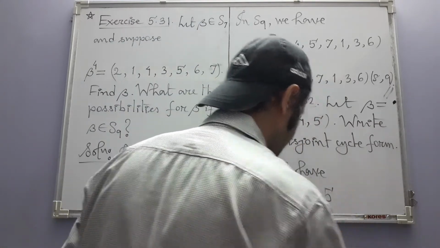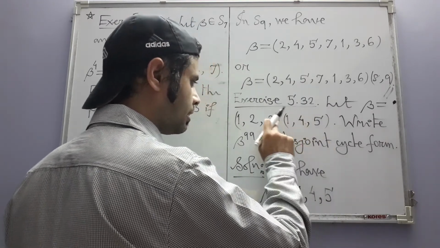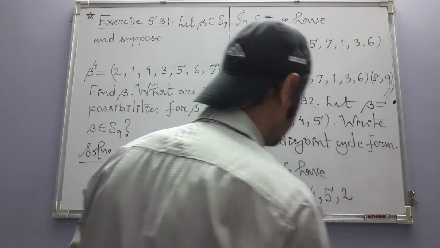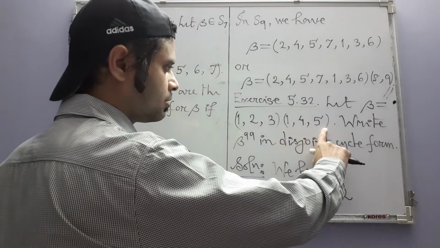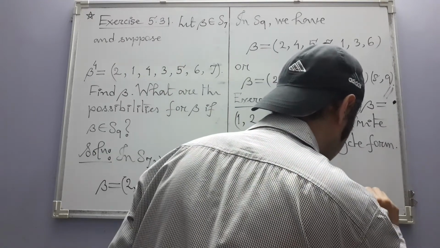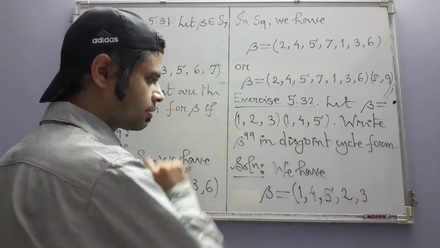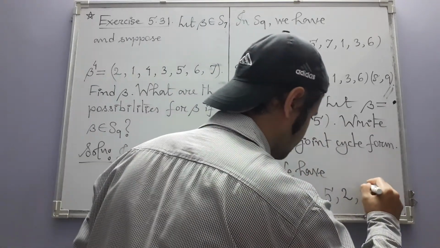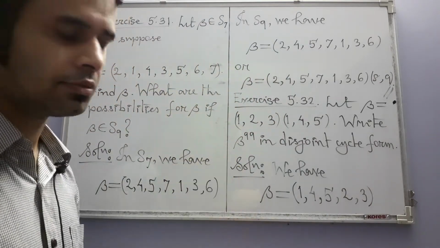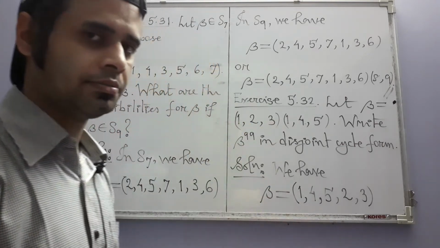So beta also maps 4 into 5. Then 5 goes to 1, and now that 1 is changed to 2. So 5 goes to 2. 2 is kept fixed by this one, and this one sends 2 to 3. 3 is kept fixed by this one, and this one sends 3 to 1. So 3 comes back to 1. And we have in fact all the symbols that have appeared here, 1, 2, 3, 4 and 5. So beta, although it looks like this, is in fact a 5 cycle, just that.